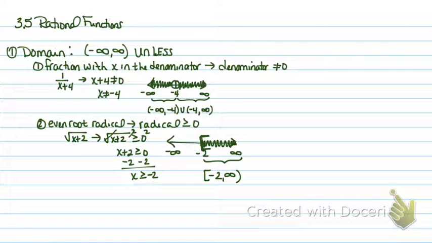And then the other one you have to watch out for is if you have an even root radical in the denominator of a fraction. So it's kind of where we put them together. So even root radical in the denominator.